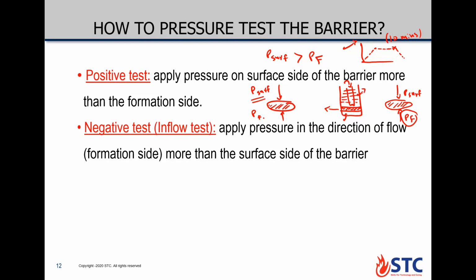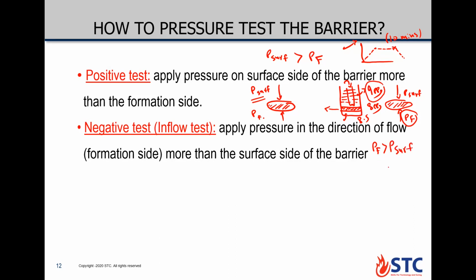For example, our mud weight is 9 ppg and our formation is equivalent to 8.5 ppg. So we displace the 9 ppg with another, lighter fluid, let's say 8 ppg. Now the hydrostatic pressure in the well will be less than the formation pressure, so we allow the pressure from the formation side to be larger than the pressure from the surface side.